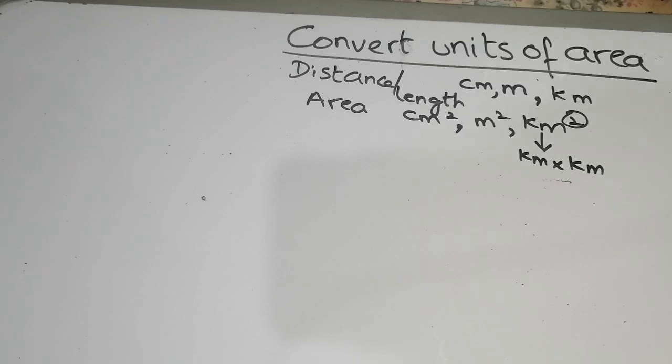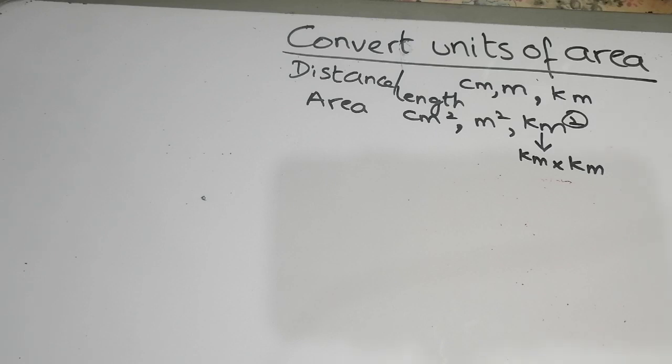I told you at that time that index notation, or writing in powers, can be done for three things in mathematics. One is for numbers, second is for units, and third is for variables in algebra. So this is the same thing. It is basically the power of units.